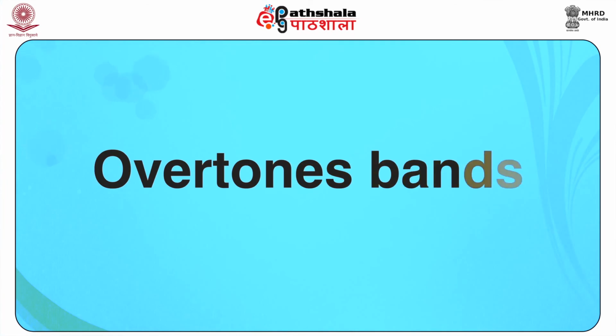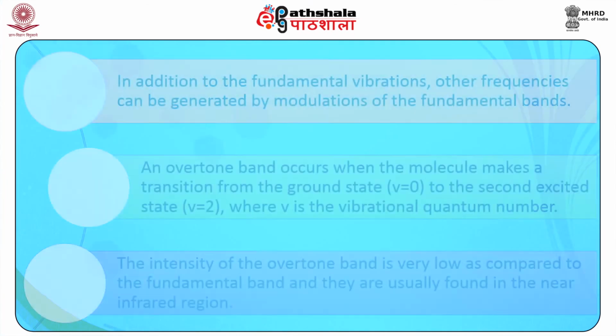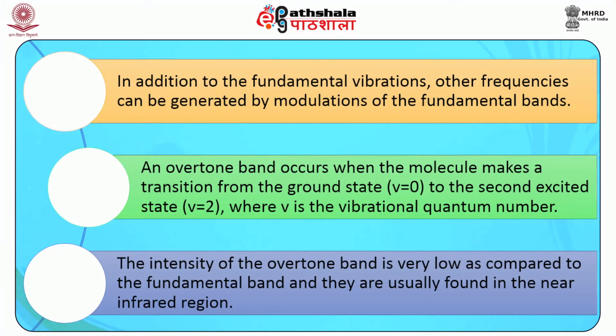Let us come now to overtone bands. In addition to the fundamental vibrations studied before according to the selection rules, other frequencies can be generated by modulations of the fundamental bands.